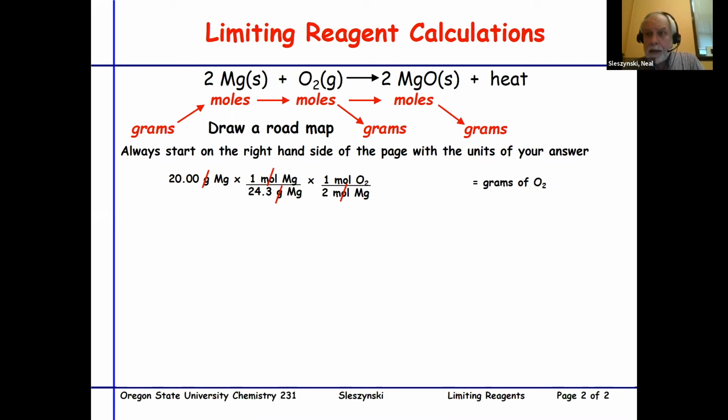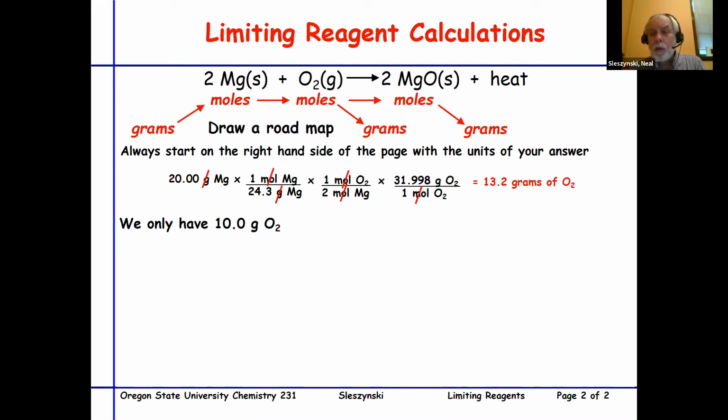Well, we were asked to find out information about grams of oxygen, so we're going to multiply by the gram molecular weight of O2. We're going to cancel out moles of oxygen, and now we know how many grams of oxygen we need to completely react 20 grams of magnesium. Well, if we chug that through our calculator, we're going to find out that we need 13.2 grams of oxygen stoichiometrically to completely react 20 grams of magnesium.